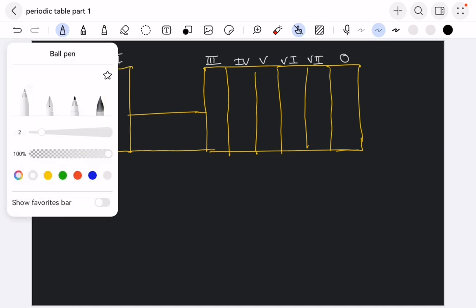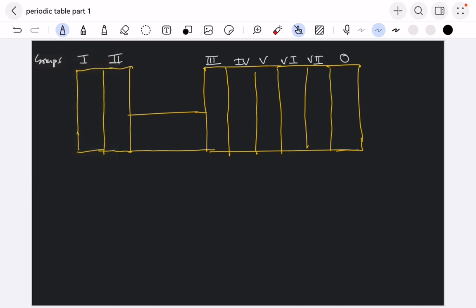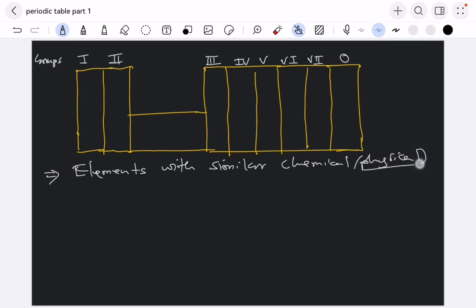Now, under groups, we see elements with similar chemical or physical, usually chemical properties share the same group.